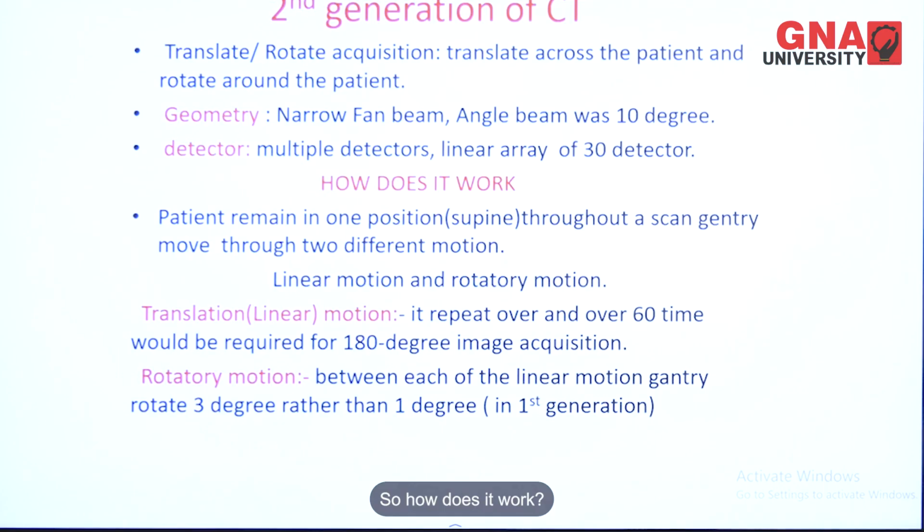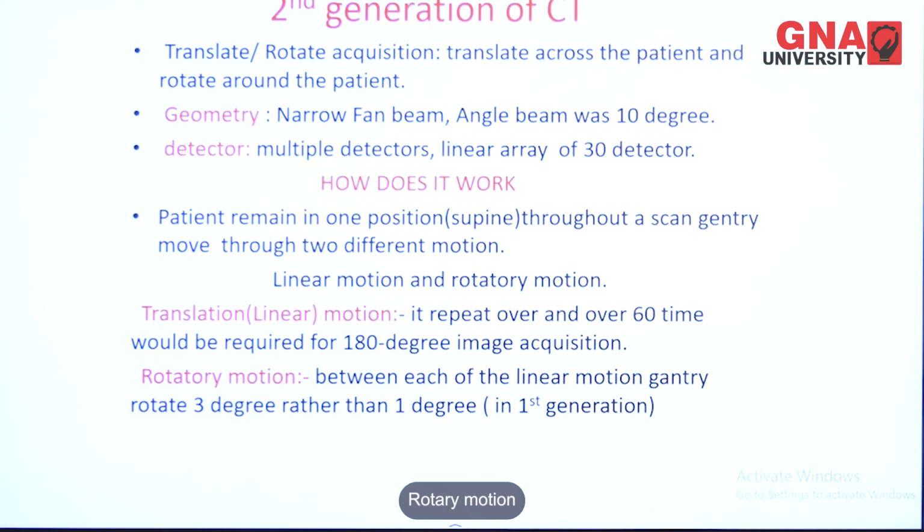So how does it work? The working principle of second generation was the same as that of the first generation, as the patient remains in one position, that is supine position, and the machine will move in 2 different directions. The 2 different directions are rotate and translate motion. Now the linear motion, the translation, repeats over and over 60 times, and it will require 180 degrees image acquisition.